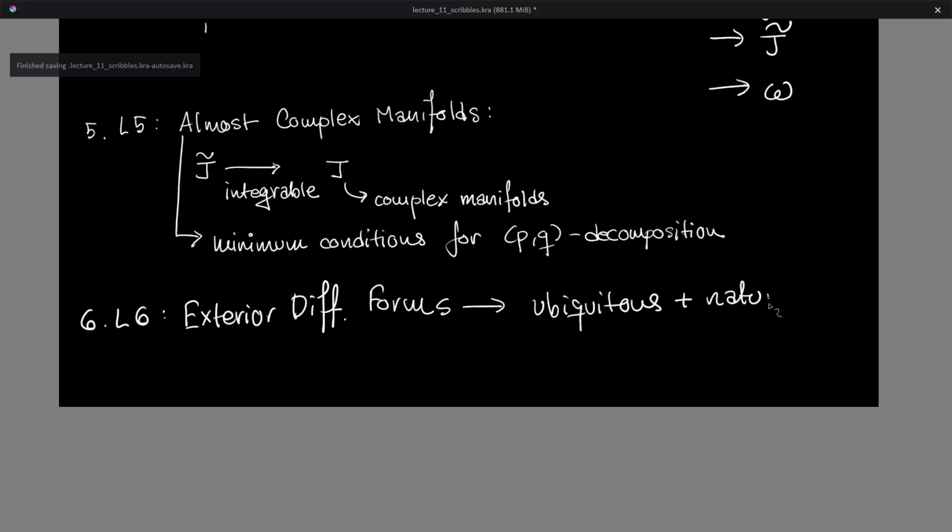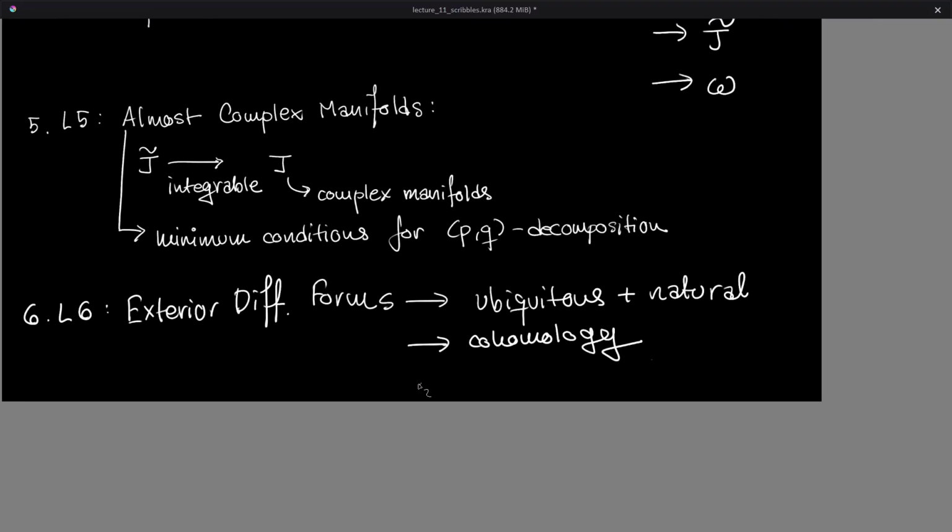These are the natural objects to do complex analysis on manifolds with. They are baked into the ideas of cohomology and the exterior derivatives, which we've been using all throughout, even in the cohomology part. So yeah, lots of important things we started in lecture 6 with exterior differential forms.